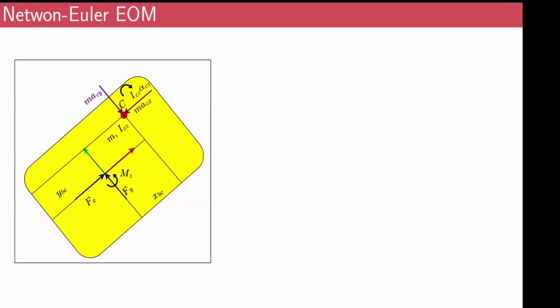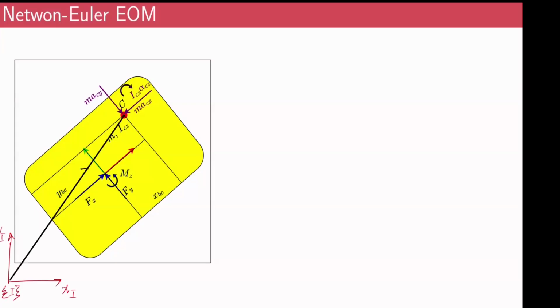So if I define a ground-fixed inertial frame of reference, I'll label this as frame I. If these are the inertial coordinates, xi and yi, right? And if you consider this red blob to be the center of mass, I would define a position vector like so from the inertial frame of reference.